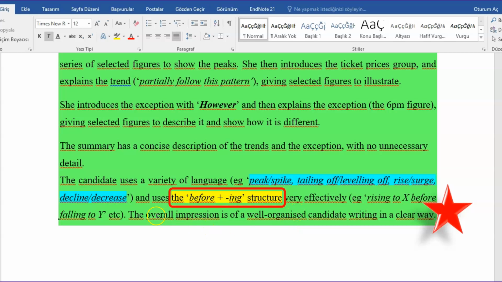The overall impression is of a well-organized candidate writing in a clear way. That's important.